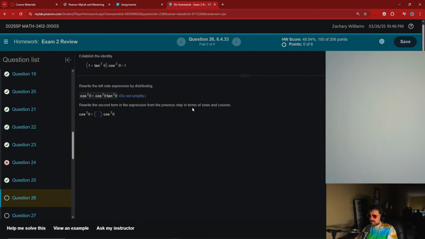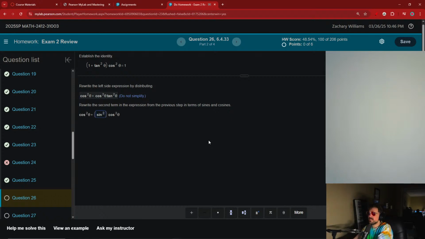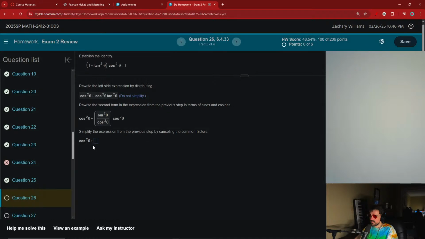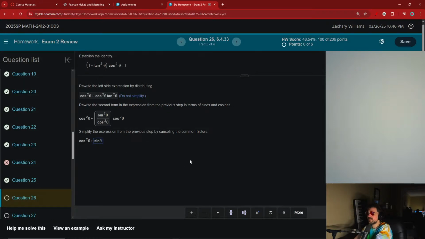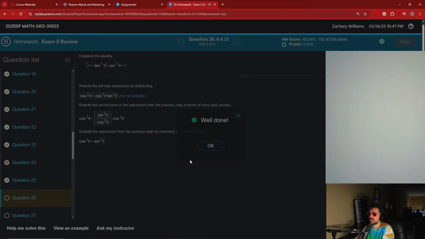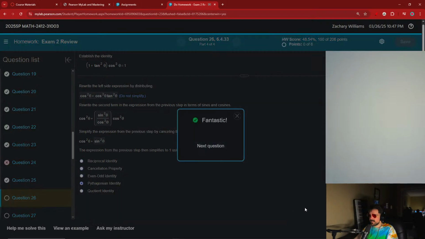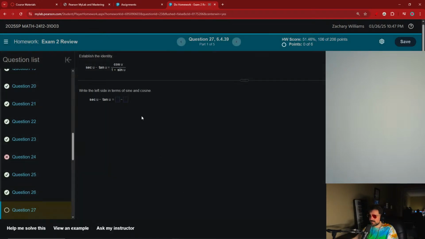Right, the second term expression from the previous step in terms of sines and cosines. Okay. So here's an example of how you can solve it if you just make it way harder than it has to be. And Pythagorean identity. Let's use that last instead of first.